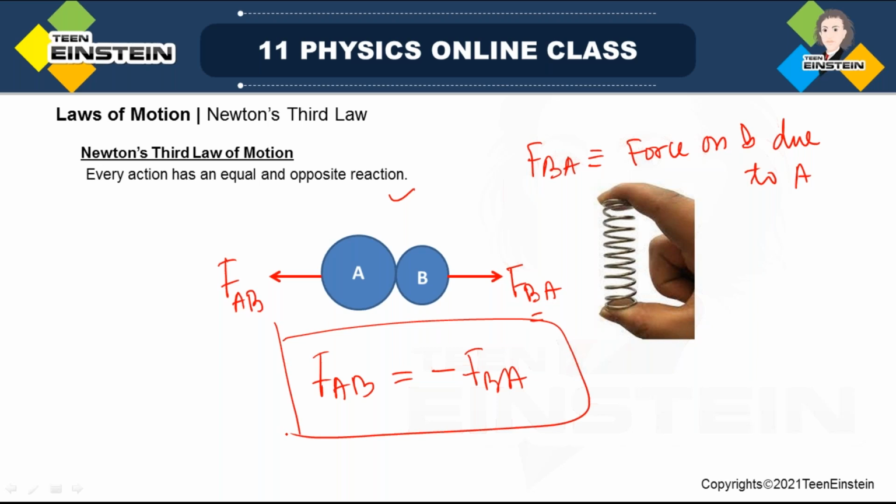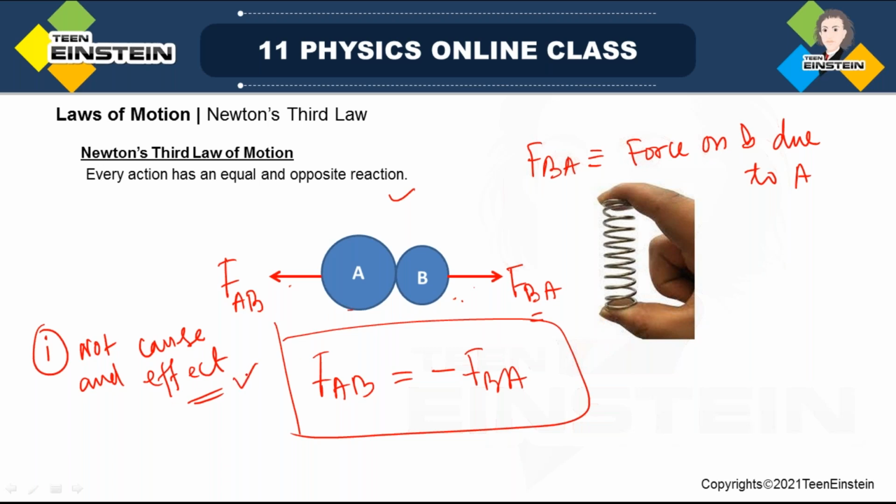Now these forces have some properties. These forces are not cause and effect. When forces occur, they occur in pair. They are equal and opposite in direction, but they are not cause and effect. One we are calling action, another one reaction.